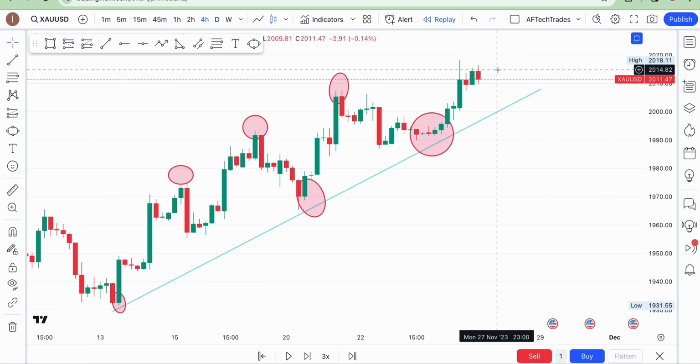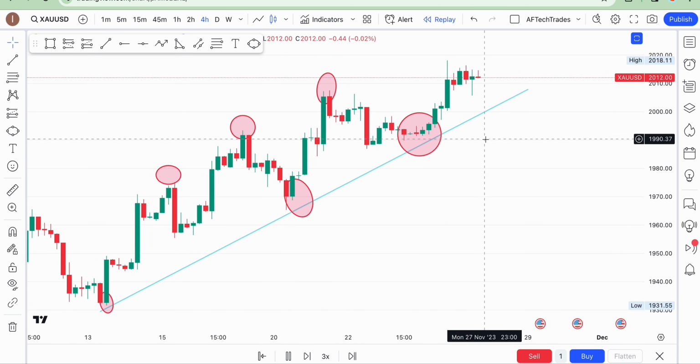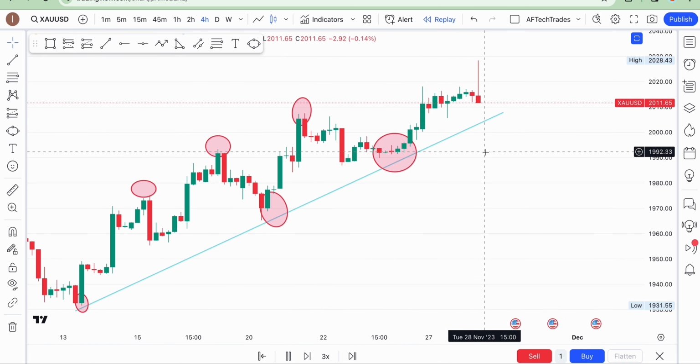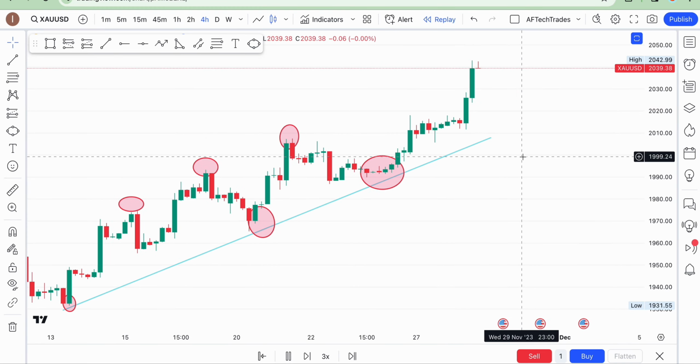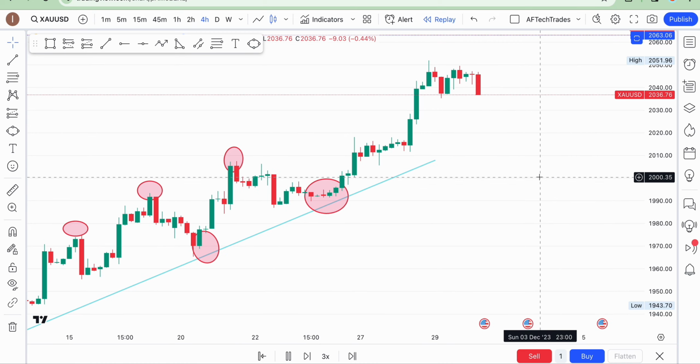Instead of going up to break the previous higher high, it will come down and break a previous higher low. So we'll just keep watching the market to see how the market is forming, right?